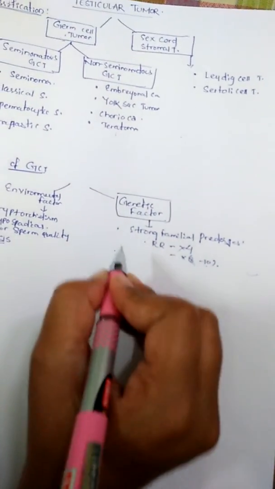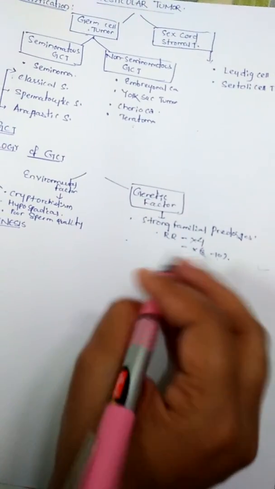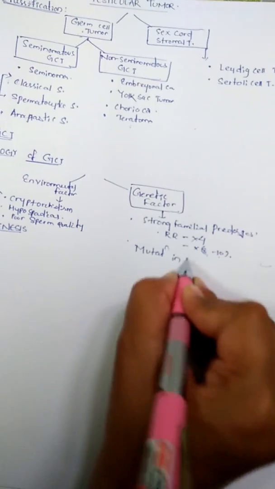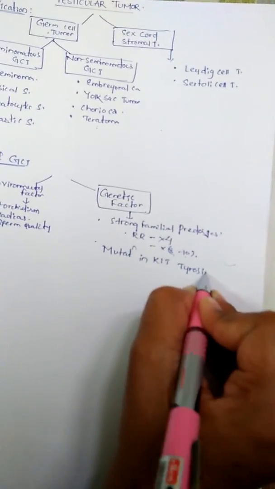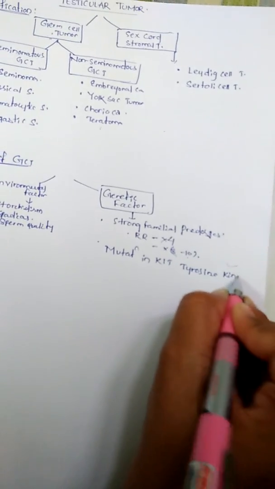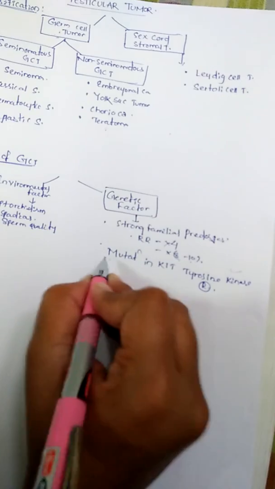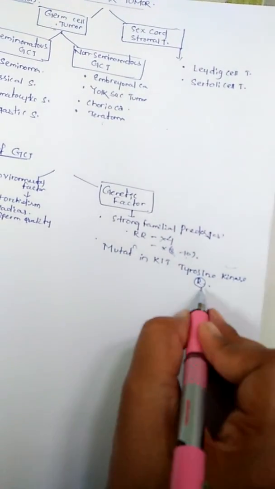What are the genetic loci which are responsible for the germ cell tumor? It is associated with the mutation in the KIT tyrosine kinase receptor, you just have to memorize it.